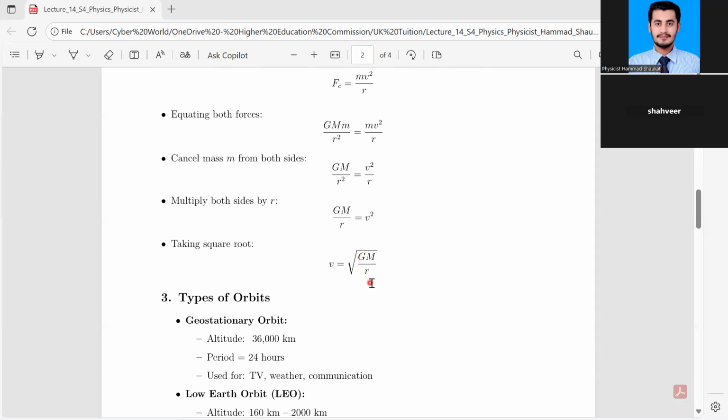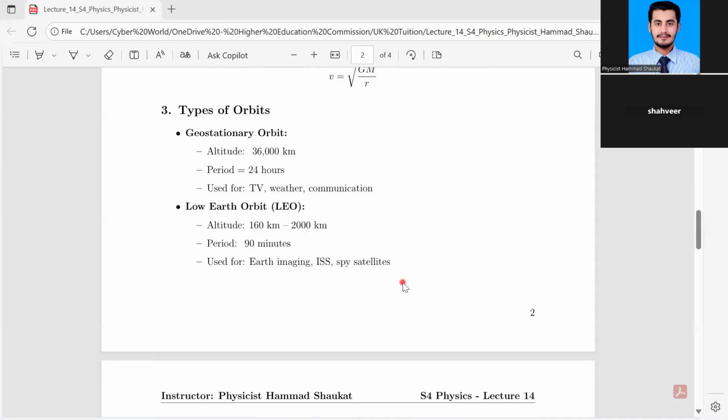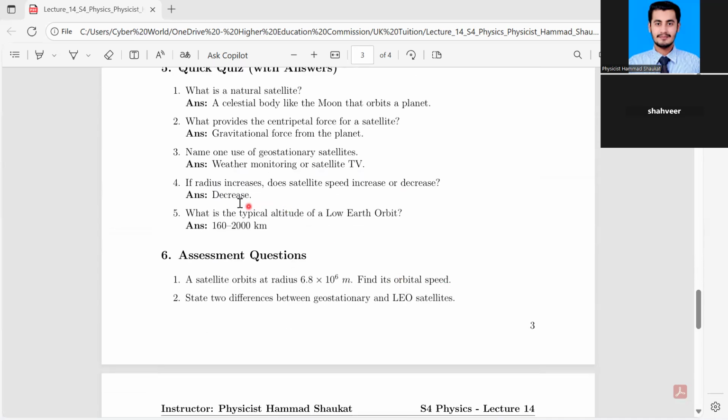So there is an inverse relation. And you know the property of inverse relation: if you increase one thing, the other thing decreases. If you decrease this thing, the other thing increases, right? Same question is here. So if the radius increases, the speed decreases, because there is an inverse relationship between the radius and the speed, according to the formula we derived in today's lecture.